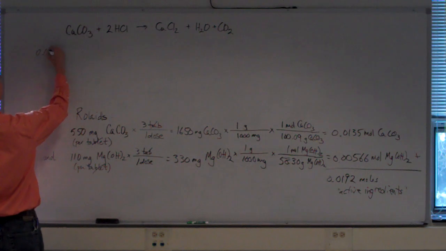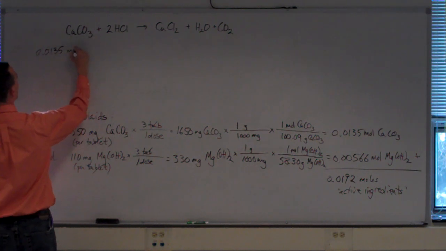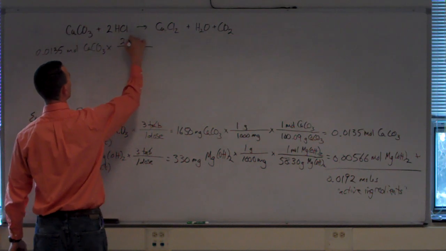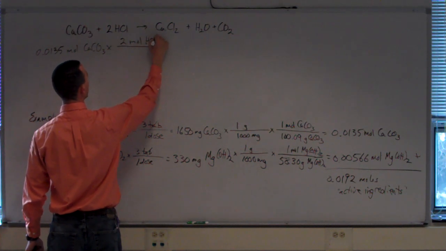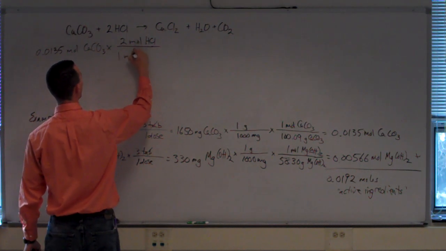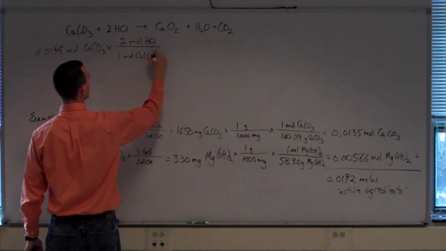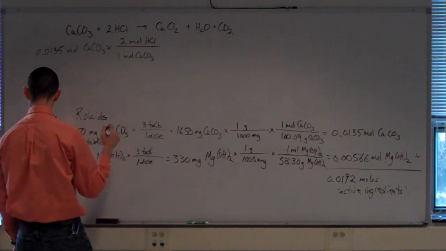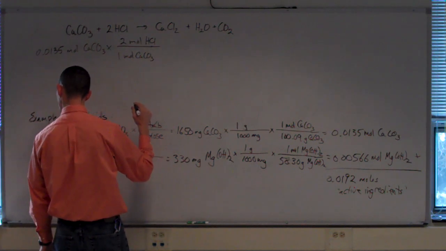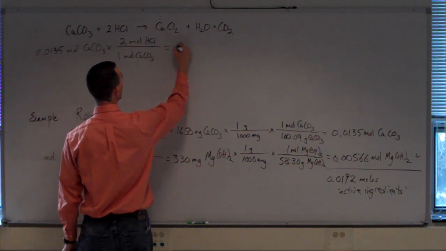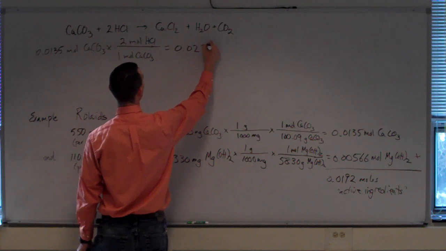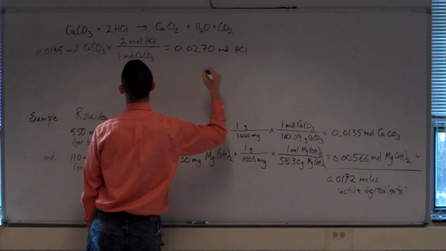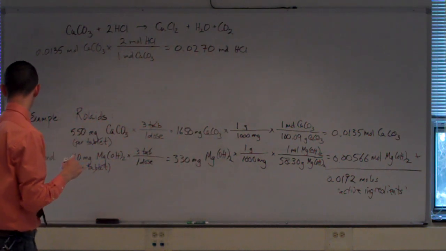So our 0.0135 moles of calcium carbonate can eliminate double that many moles of hydrochloric acid, or 0.0270 moles of HCl.